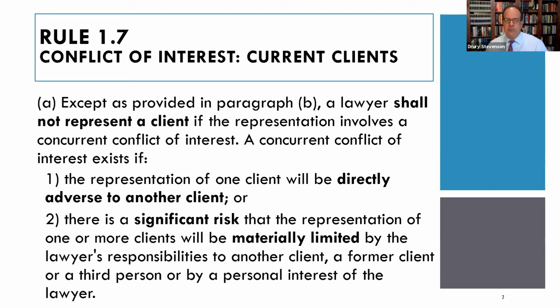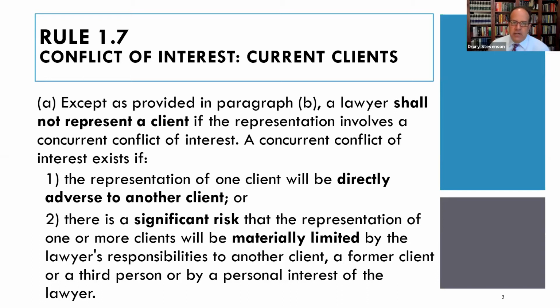And so here's our basic rule. Except as provided in paragraph B, if you watched another video, you know that's going to be the exceptions, a lawyer shall not represent a client if the representation involves a concurrent conflict of interest. Concurrent conflict of interest means representing two clients at the same time who have a conflict.